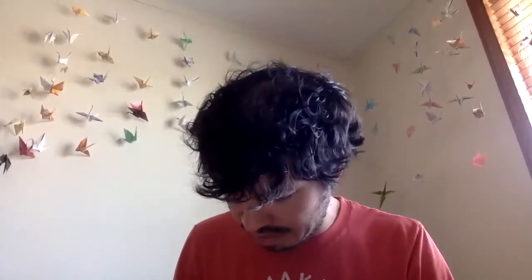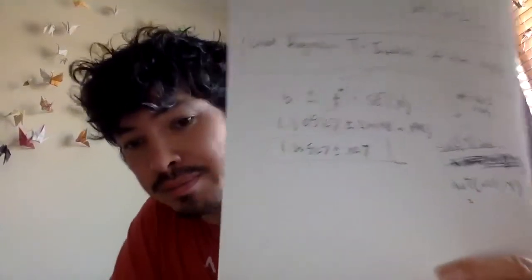Okay, so let's crunch it all out. The margin of error is 2.1448 times the standard error, 0.1993, and that is 0.427, plus or minus 0.427. So there's our confidence interval.